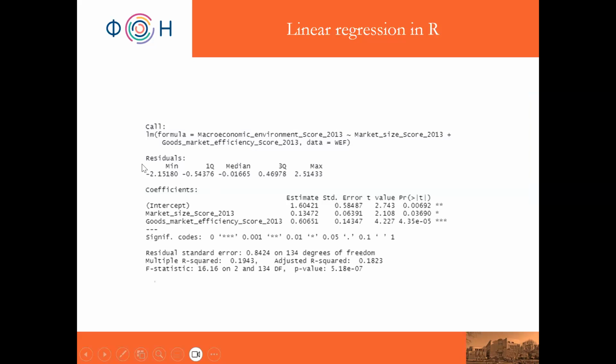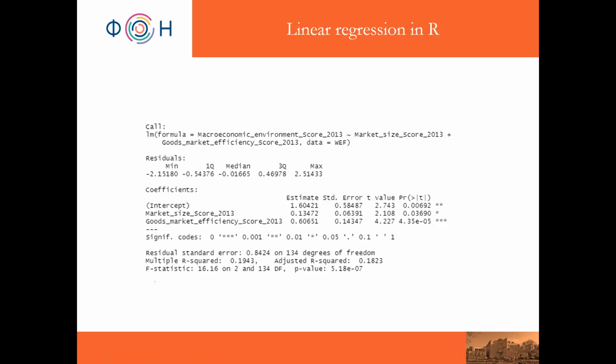The output is pretty detailed, so we can maybe go line by line just to explain what is provided to us. So the first couple of lines are just telling us what the model is which we created. The second couple of lines are related to residuals. Residuals are differences between what we have measured on our sample and what our model estimated.